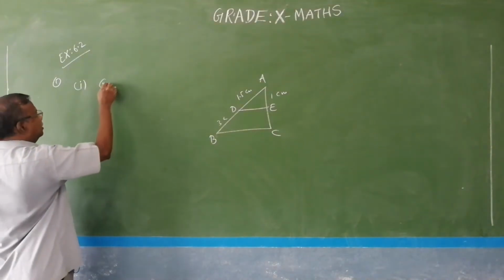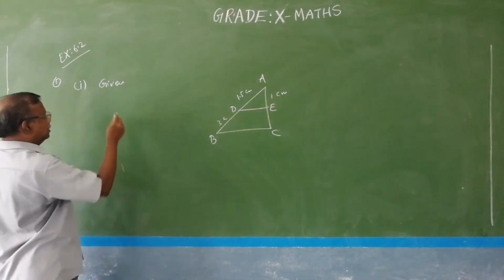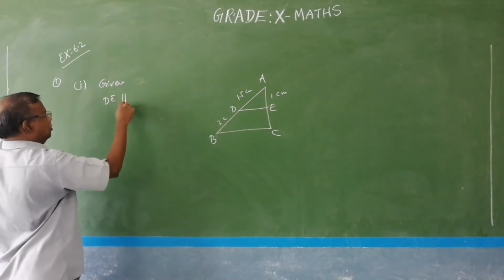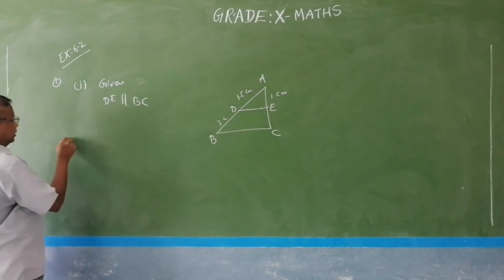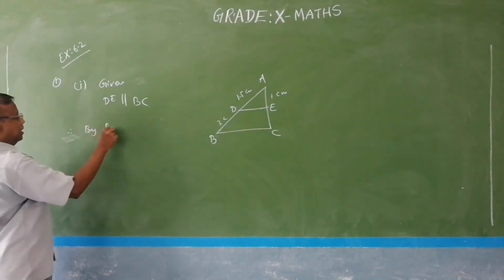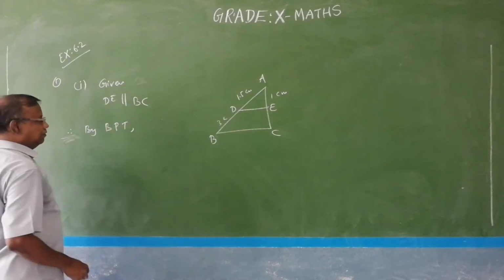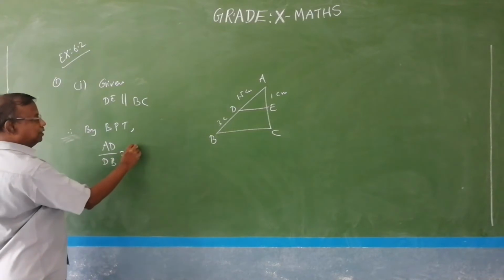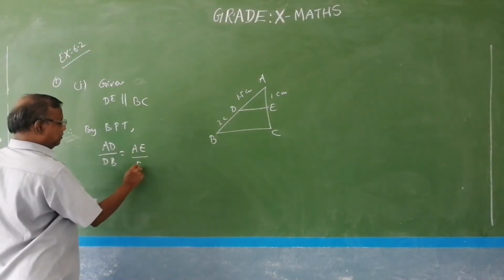First one, given DE parallel to BC. Therefore, by BPT, by basic proportionality theorem, we have AD by DB equal to AE by EC.